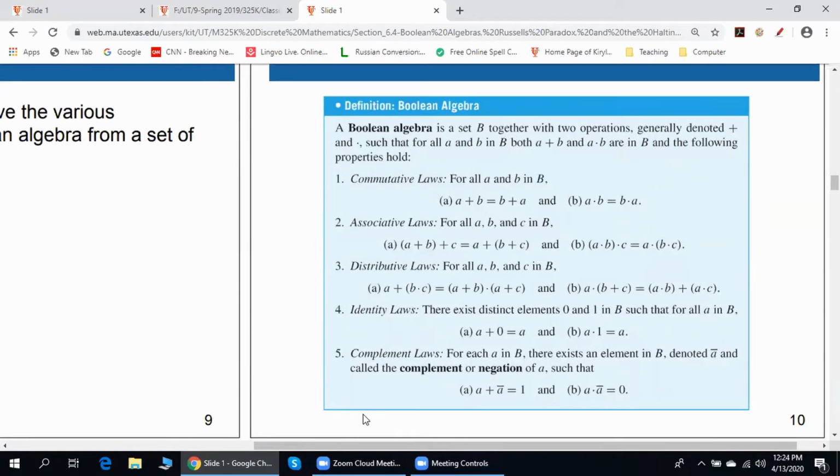Let me ask you a question. If we compare plus here and logical operations, what do you think? Plus is OR and times is AND?